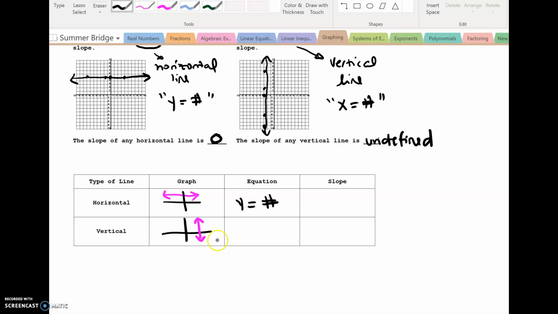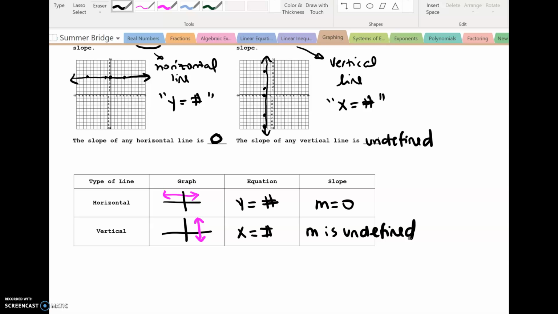And we know that the equation for a vertical line is always going to be x equals some number. And we know that the slope of a horizontal line is always going to be 0. And we know that the slope of a vertical line is always going to be undefined. So that is just a nice little recap of what it is that we are looking for with equations of lines.